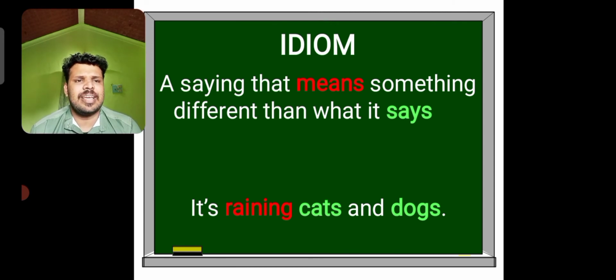Here, the author intends that it is raining very heavily. That's it. There is no raining of cats and dogs. So it means something different than what it says. That is an idiom. It's very simple, but least important from the exam point of view.